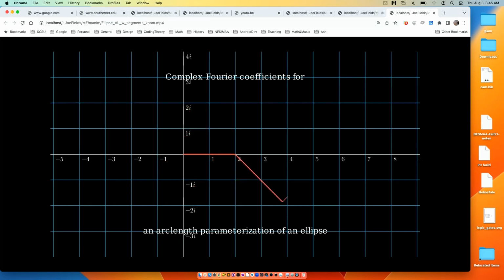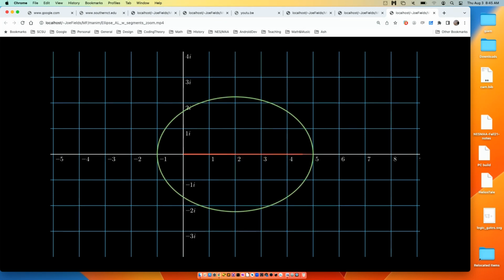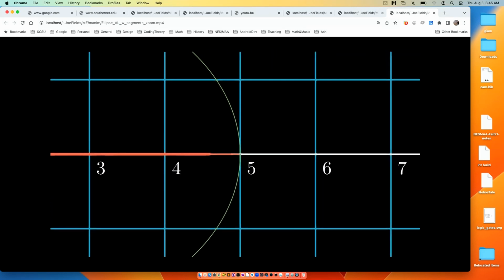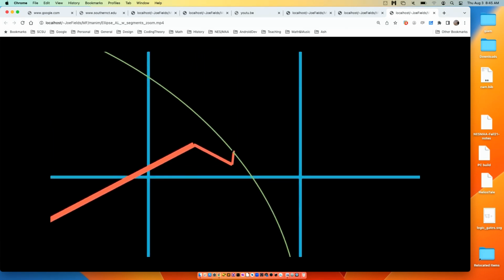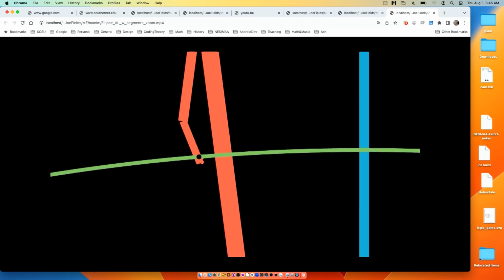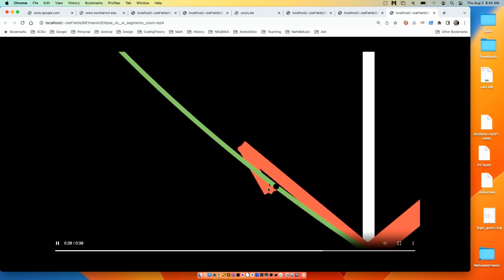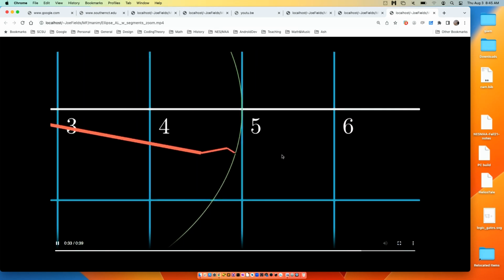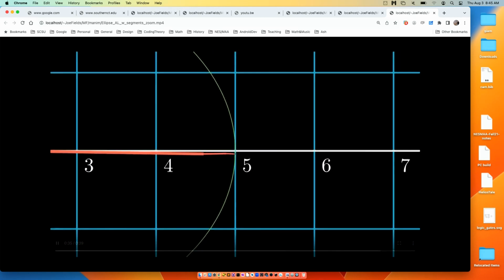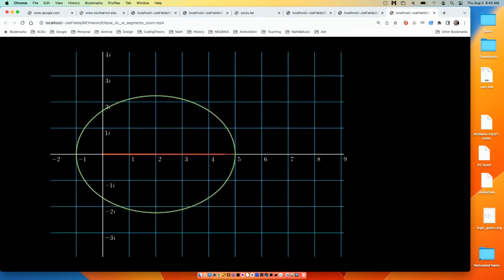So you can see a little bit more of the small components, the higher frequency components of the transform. And when we zoom in fairly tight, you'll notice some really tiny little stubs of line segments. In this case, it's frequency 5 and 6 showing up.